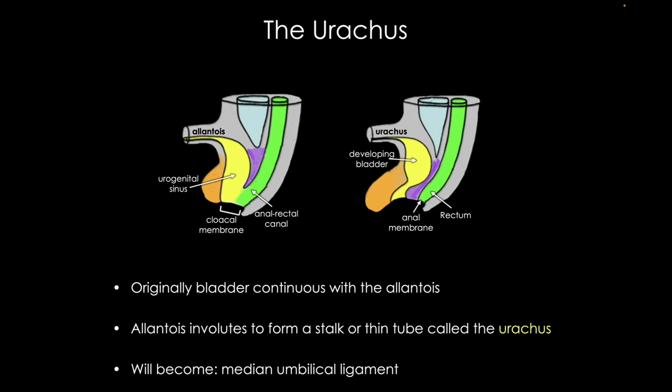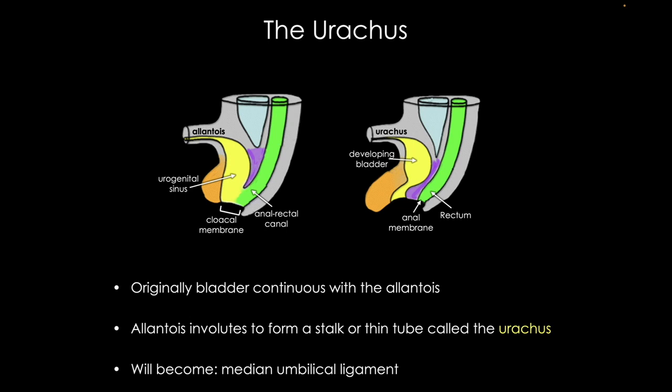So our example would be the patent ductus arteriosus, where we're now continuing to connect the pulmonary artery and the aorta. And so this results in deoxygenated blood moving into the body. Now, the same thing happens here with the urachus, where it fails to involute, and that results in a patent urachus.